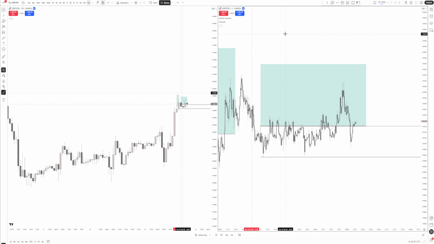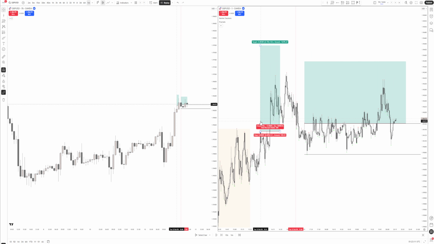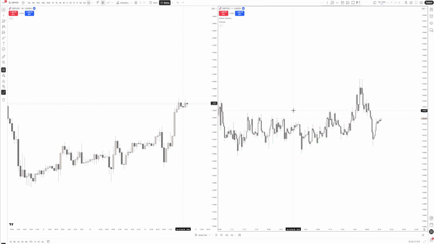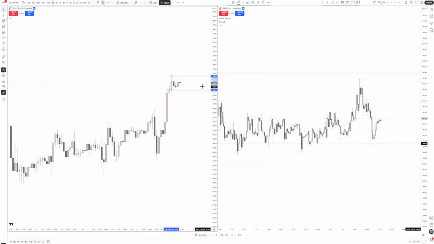So far, in terms of the session, if you trade this on the higher volatility sessions, it's much better than the Asia session because you get good volatility, and the chances of price continuing is a lot higher. So at this moment in time, let's just get rid of that. You can see that price is consolidating in between that candle.